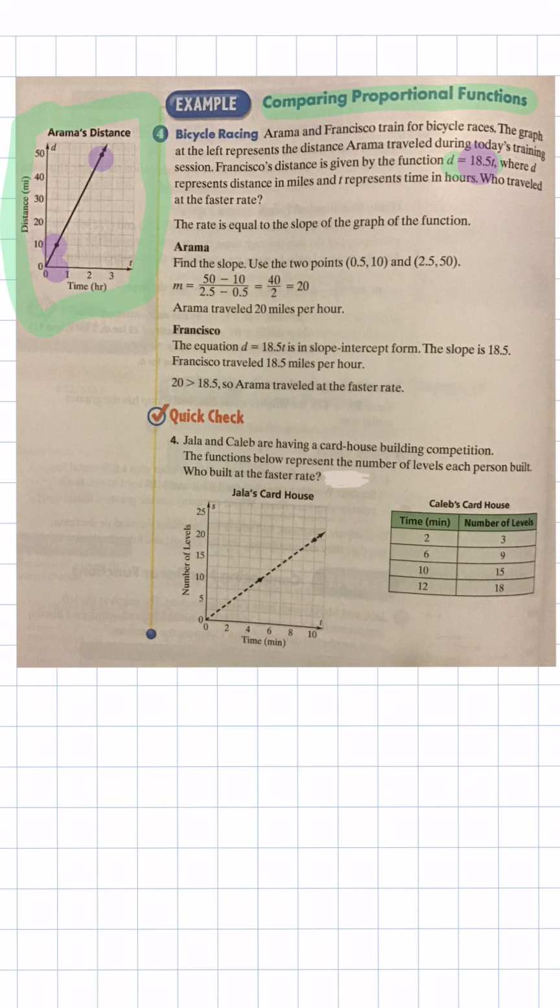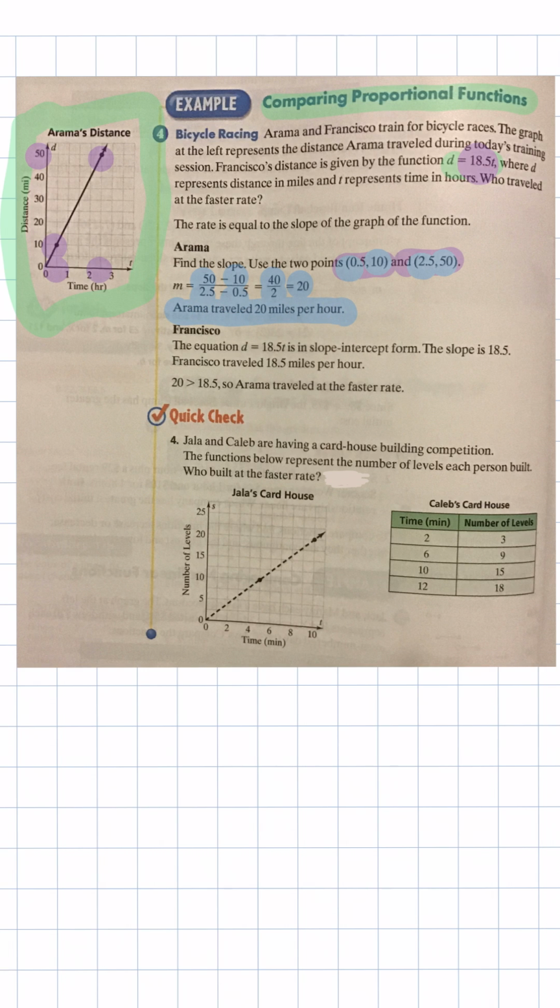And then this one, if you come down, is 2.5 and 50. So here are our 2 points. So we're going to take the top ones, subtract 50 minus 10, and then 2.5 minus 0.5. And you get 20 over 2. Divide that, that equals 20. So Arama traveled 20 miles per hour.